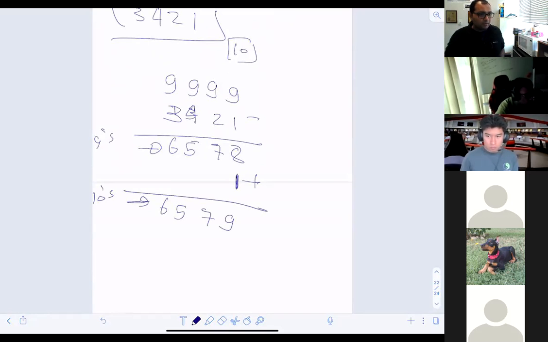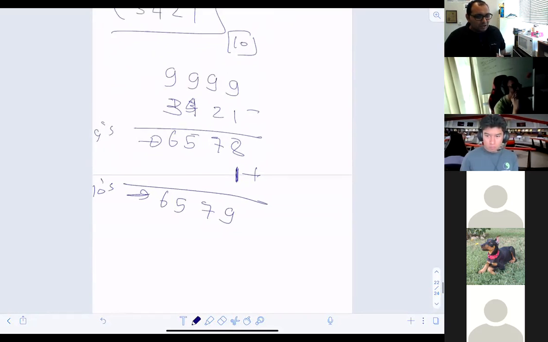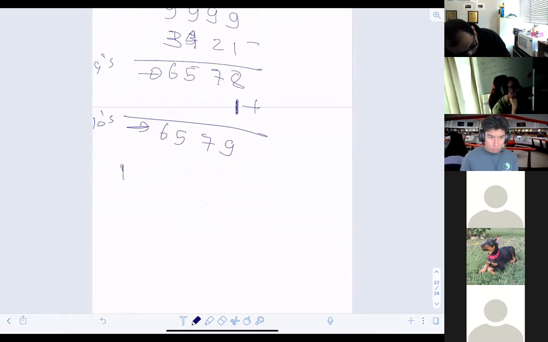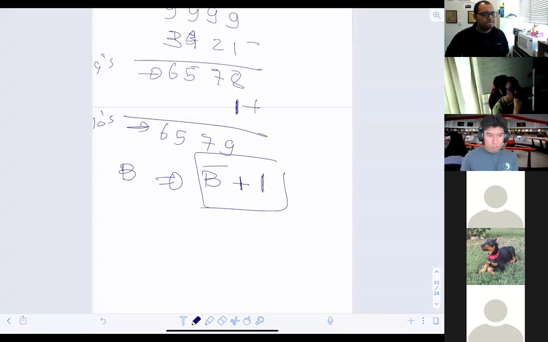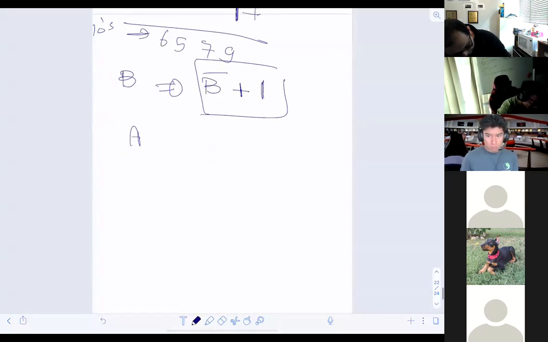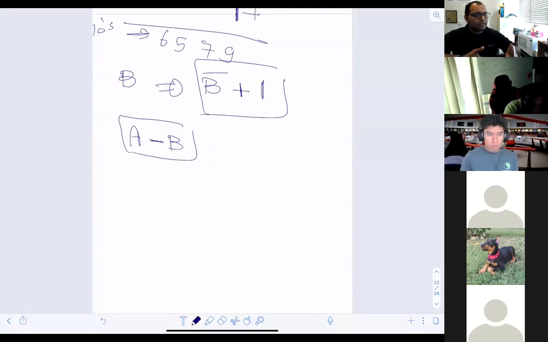So we learned now the 10's complement. Let's use the 10's complement, right? There is an equation which is very interesting. What is this equation? If you take B and convert it to B's complement and you add 1, this is equivalent to subtraction. Again, if I have A minus B, I cannot do it in the computer, so I have to form it in another way.